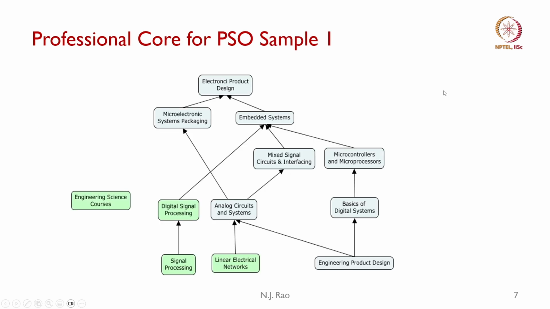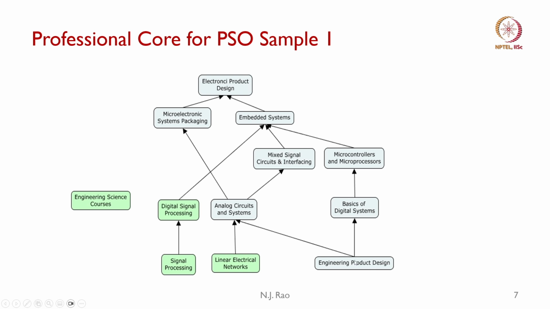Now, for sample 1, we are showing the mutual dependence. Here the ones in green are already taken care of under the category of engineering sciences, and engineering product design is a common course for all branches.